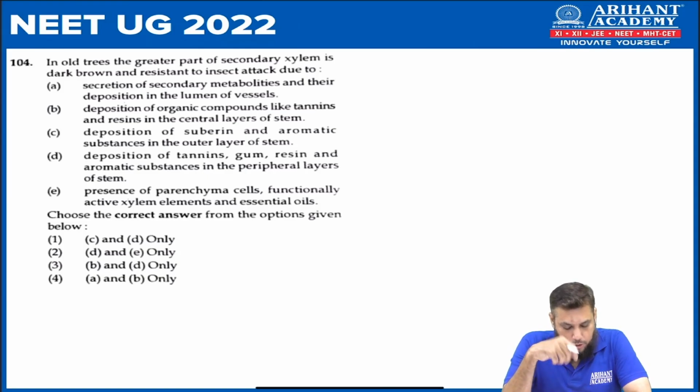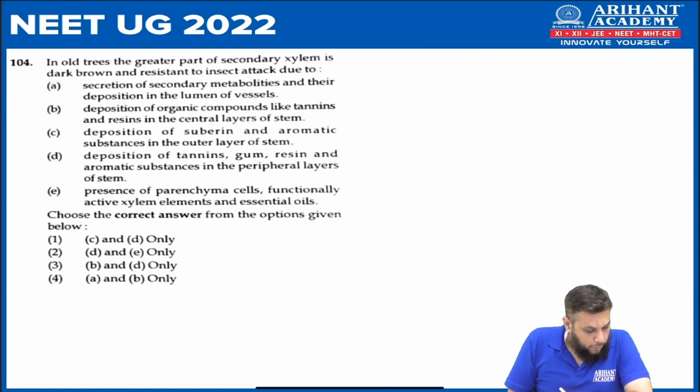So of all these options A, B, C, D and E, the fourth option, that is A and B only, is going to be correct for heartwood. That is secretion of secondary metabolites and their deposition in the lumen of the vessels, and deposition of organic compounds like tannin and resins in the central layers of the stem that results in the formation of heartwood.